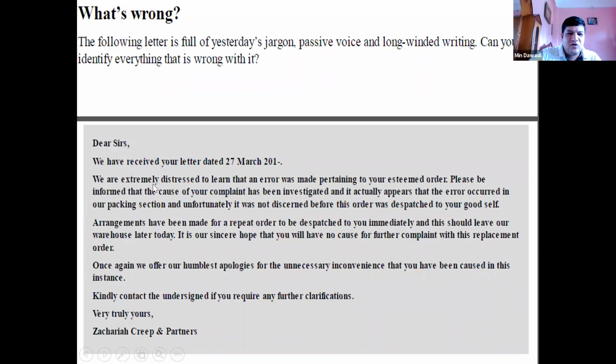We are extremely, एकदमै चाहिँ दुखी भयौं to learn that, जान्दाखेरि सुन्दाखेरि an error was made, त्यहाँ एउटा गल्ती भएछ pertaining to your esteemed order, तपाईंको गरिमामय order मा हामीले एउटा गल्ती भएको सुन्दाखेरि हामी एकदमै दुखित भयौं. यति धेरै डेकोरेसन चाहिँदैन.